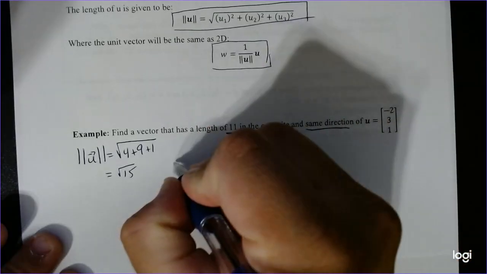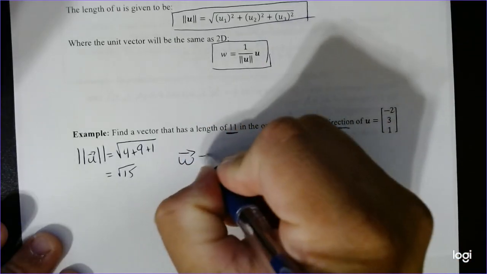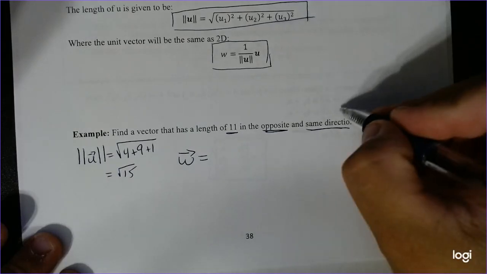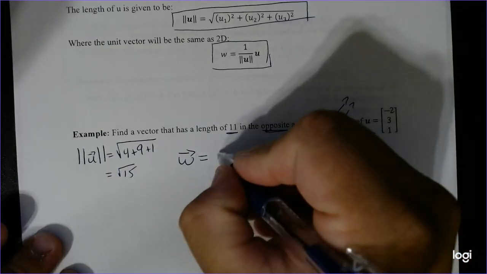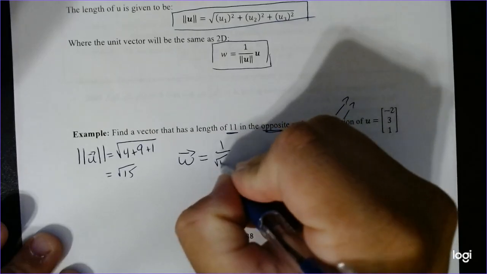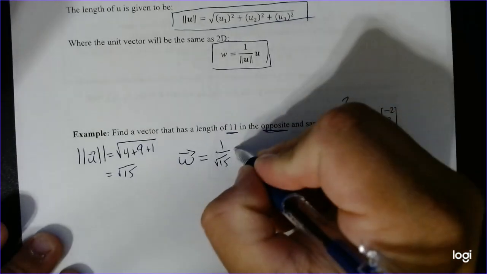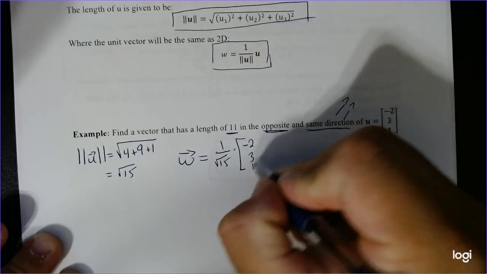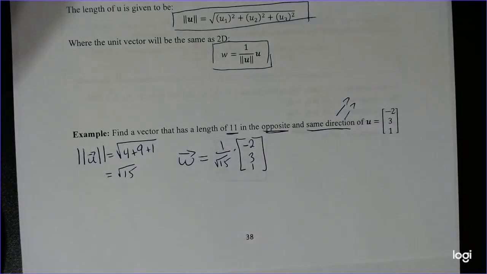So our unit vector, which is parallel to this vector, right? Same direction means parallel. It's 1 over the square root of 15 times our original vector. Okay. However, that wasn't everything we wanted, right?